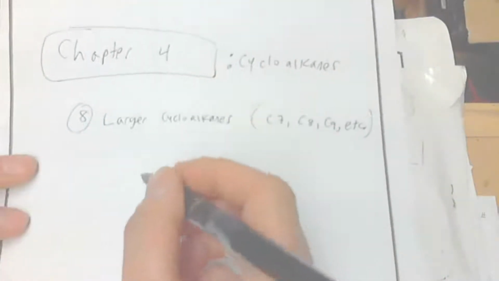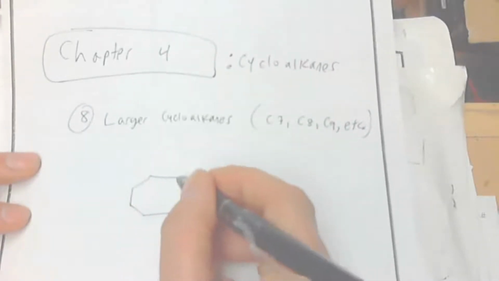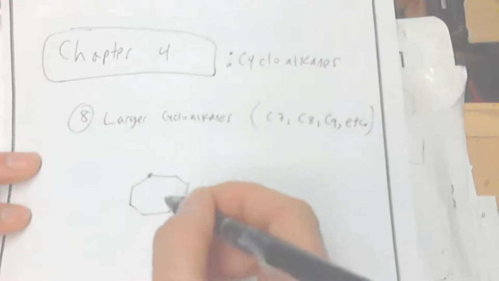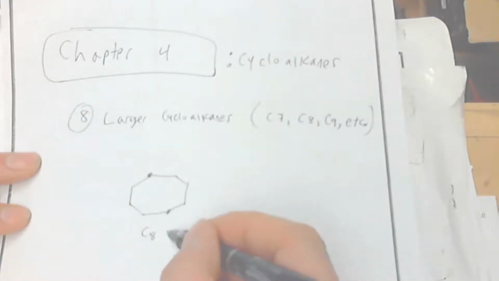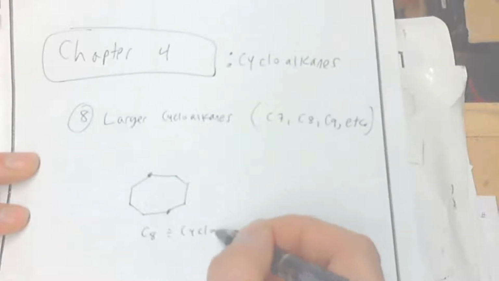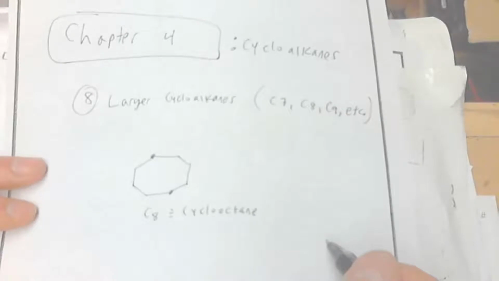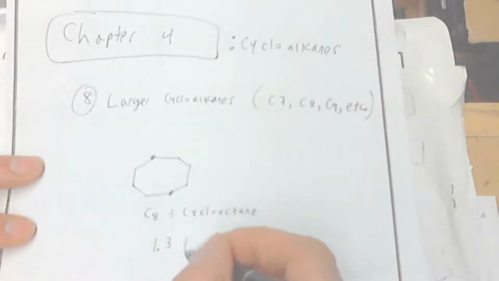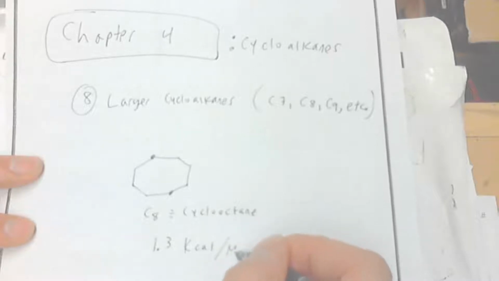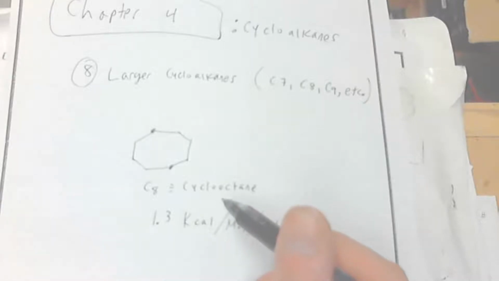We also talked about why C8, cyclooctane, has a little bit of strain, and that was like 1.3 kilocalories per mole per CH2, basically. So that's a noticeable amount of strain.